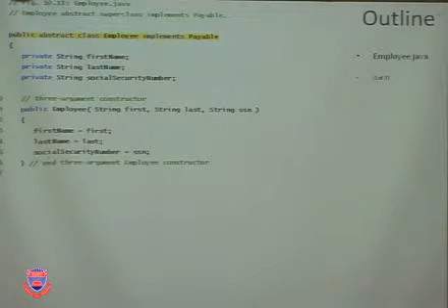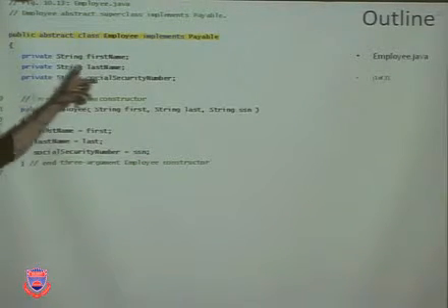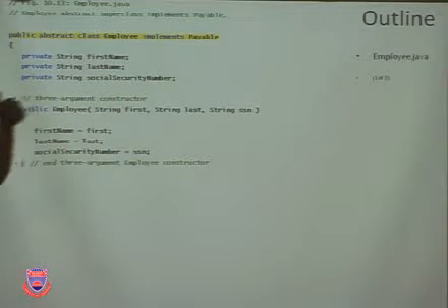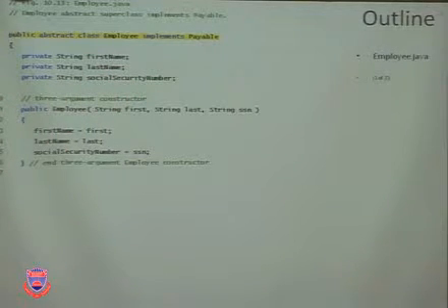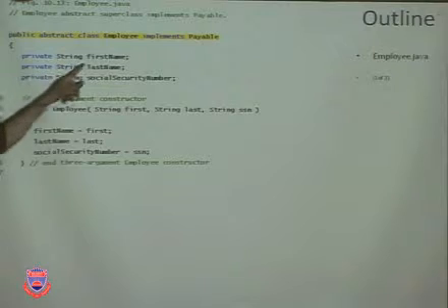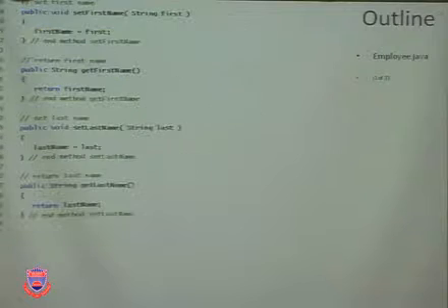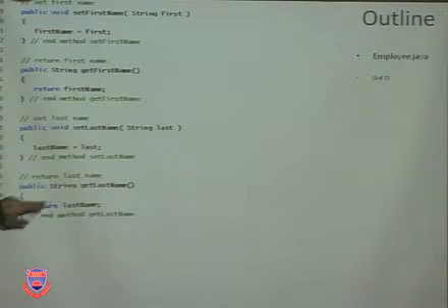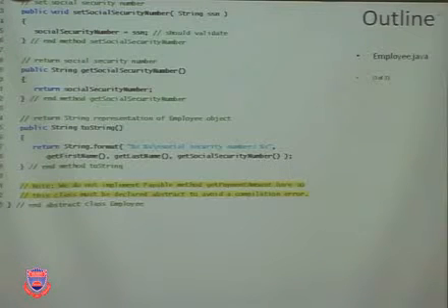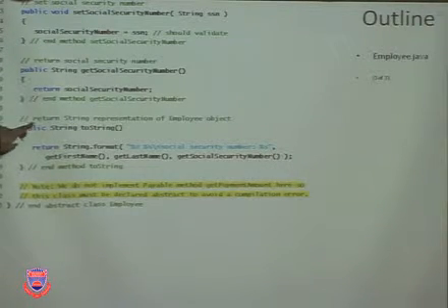And if you look into the employee, again, it's implementing. One is invoice, the other one is employee. Both of them are implementing payable. This one also implements the payable, and it has 3 totally different instance variables, and then you have the constructor. And if you look into the setters and getters, first name, last name, get last name, set last name, and then you have the social security set and get, and you have the toString.